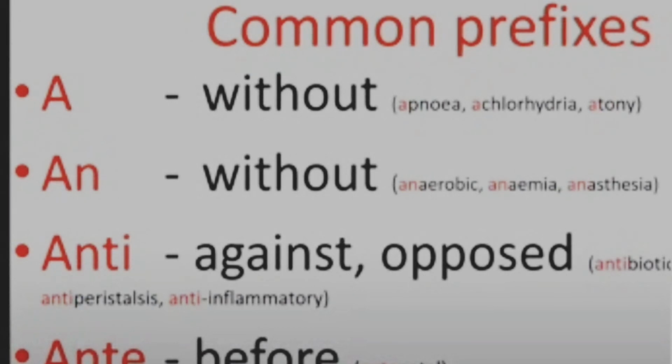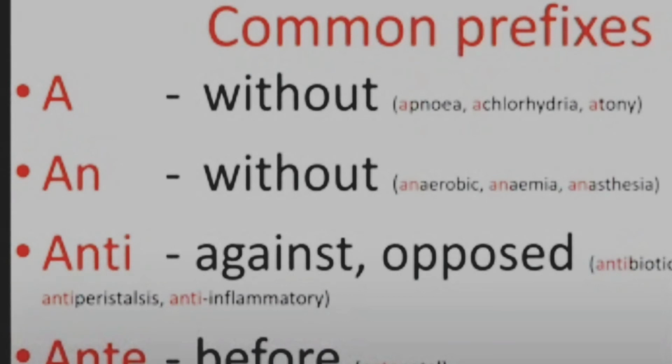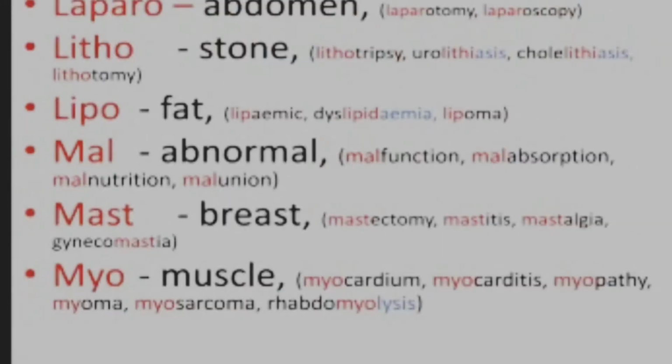Anti means against, oppose, like antibiotic. Those are medicines which work against the viruses or against the harmful germs, and also anti-peristalsis, anti-inflammatory. Most of the antibiotics are actually anti-inflammatory.